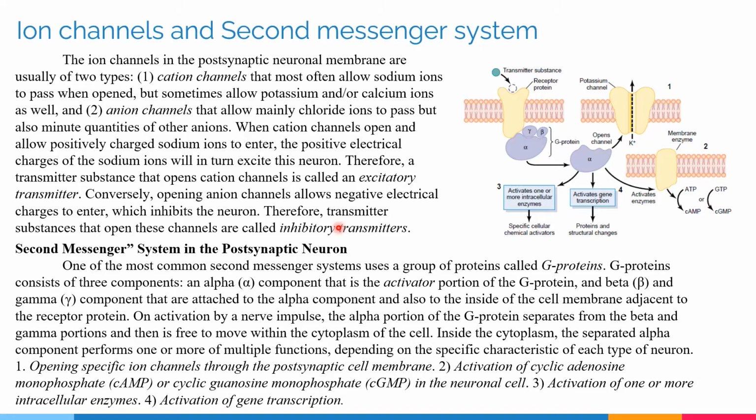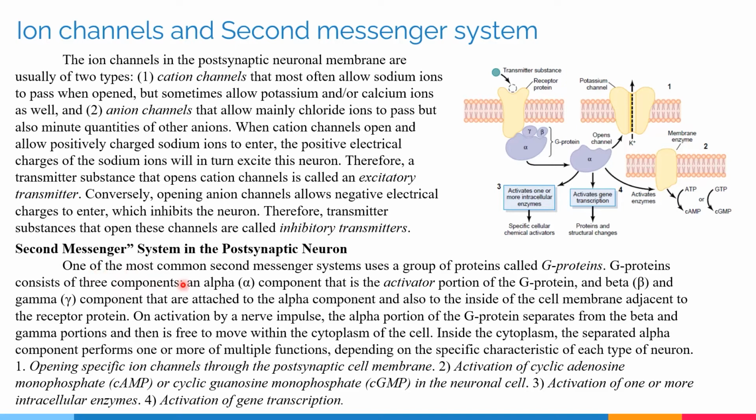That is, there needs to be a memory of the particular nervous impulse stored in the cell. This cannot be done by normal ion channels or any other way, and is handled by the second messenger system.